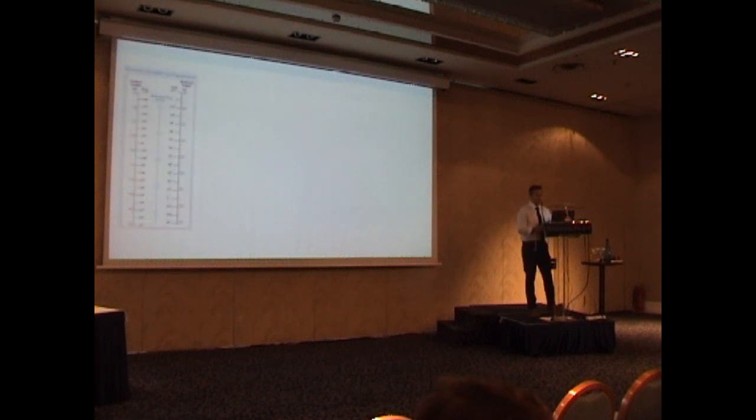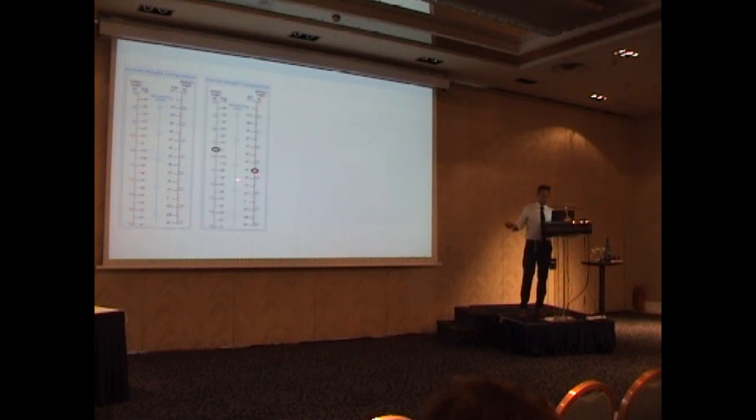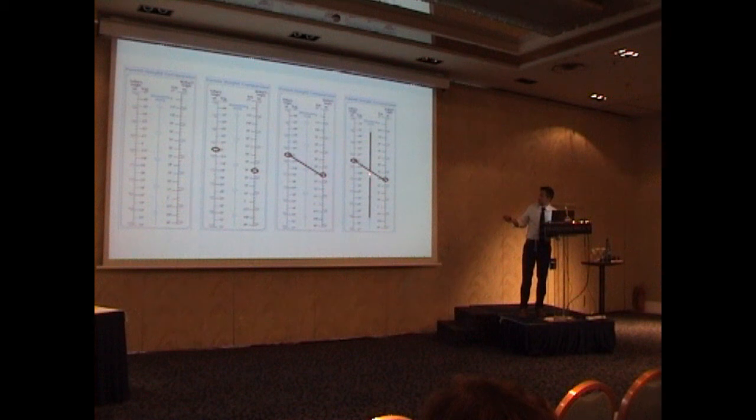So we can use an adult height comparer, and we mark on here the parents' heights, the father's height and the mother's height. We then draw a line between the two, and then 2 centiles up and 2 centiles down. This represents the expected height potential of a child. So we can predict how tall a child will be based on the parents' height.